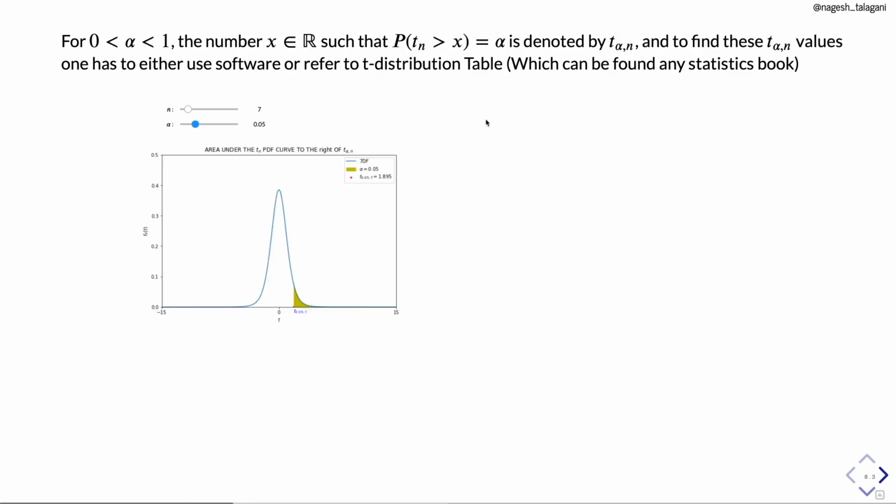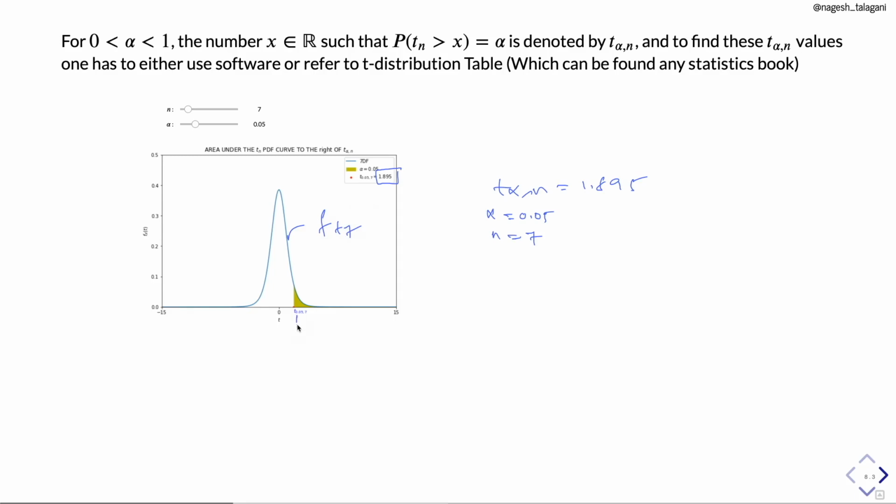Now let's see what is the t_{alpha,n} value for alpha equal to 0.05 and n equal to 7 degrees of freedom. So what we got here, 1.895. This is the PDF of t distribution with 7 degrees of freedom.